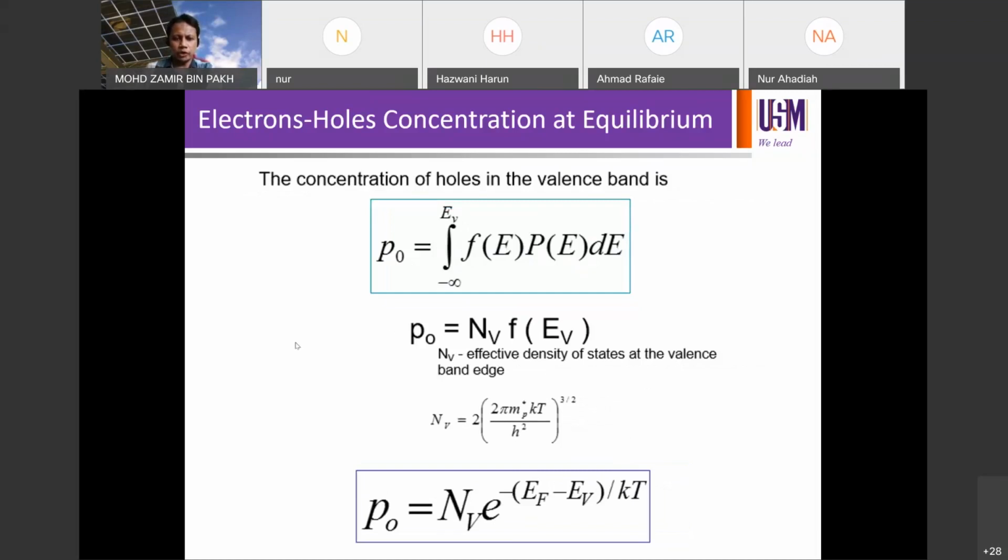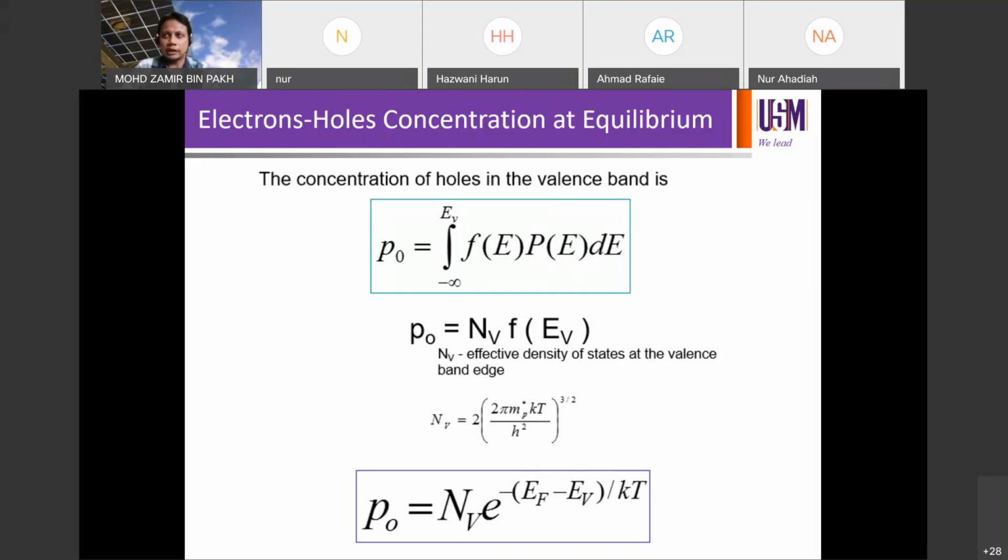On the other hand, we do the very same thing for holes as well. So the density of free holes here is equal to p naught. You need to integrate from the valence band edge, which is at the top, down to negative infinity. Fe will be the Fermi-Dirac distribution function as well for holes, and Pe will be the density of states of holes in the valence band.